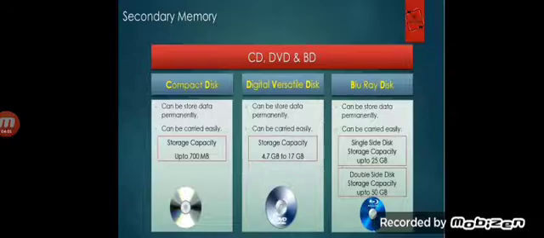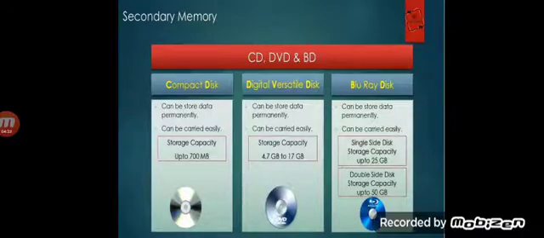First is compact disc, which can store data permanently. This DVD, that is digital versatile disc, also stores data permanently, and Blu-ray disc also stores data permanently, right? All these three can be carried easily in your bag.